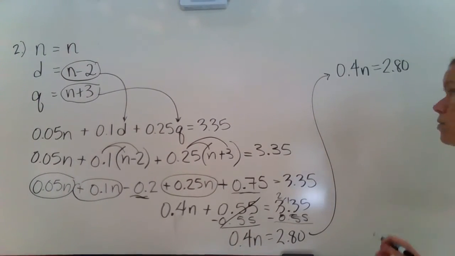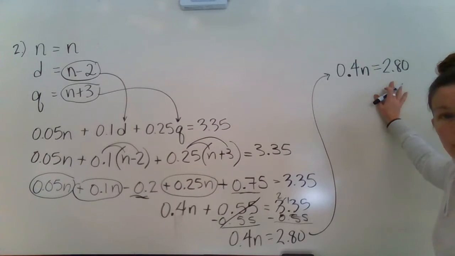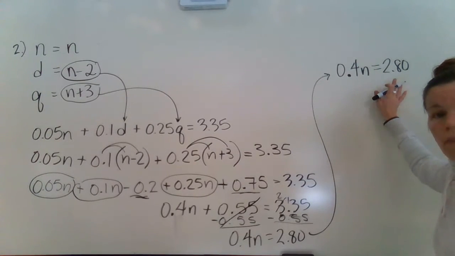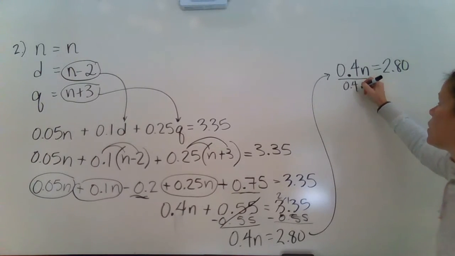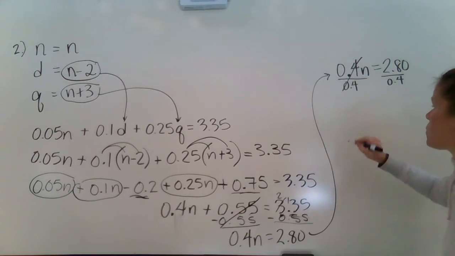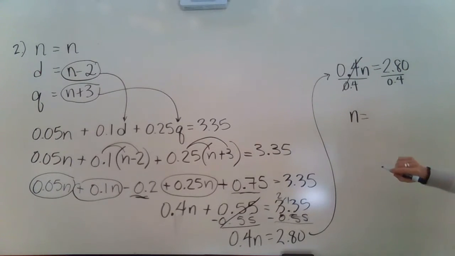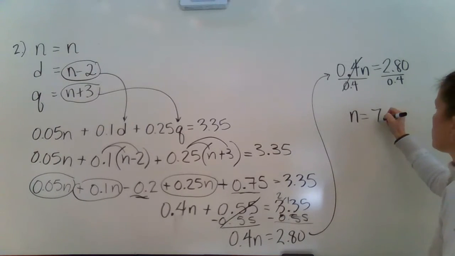If this were 5n, we would divide both sides by 5, but it's 0.4, so let's divide both sides by 0.4. Those cancel, so n equals 7, since $2.80 divided by 40 cents is 7.